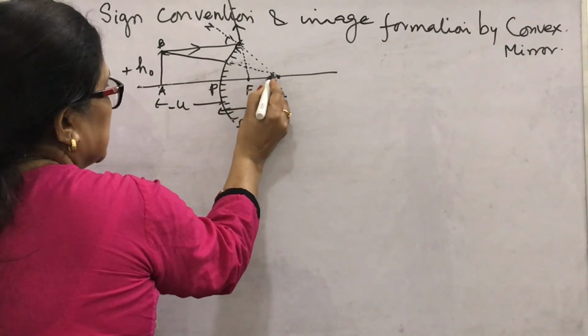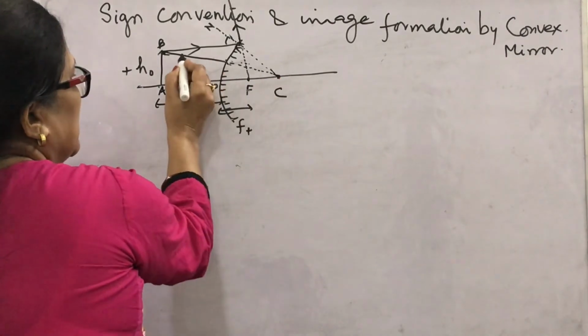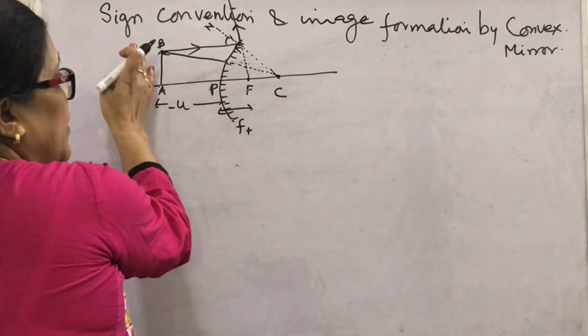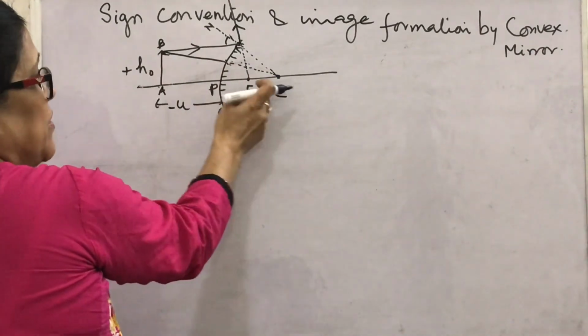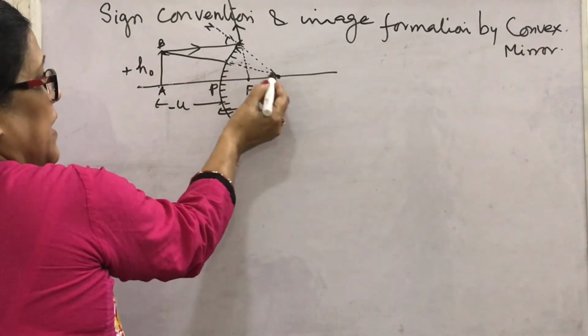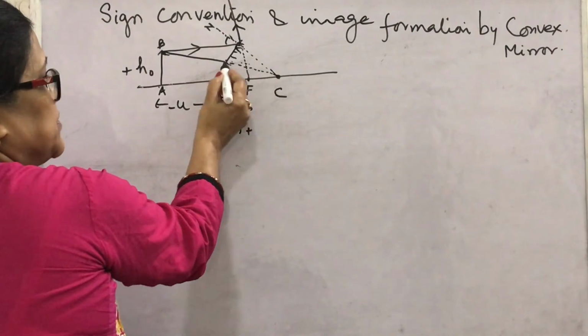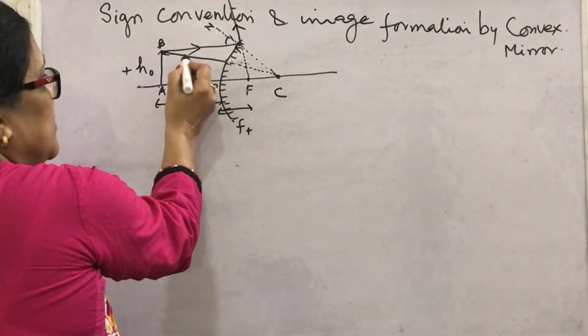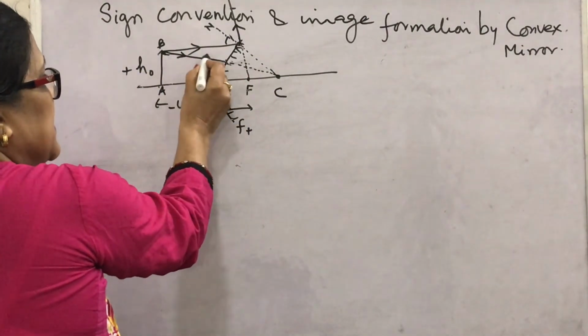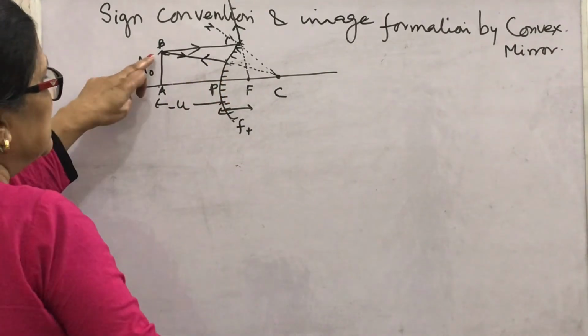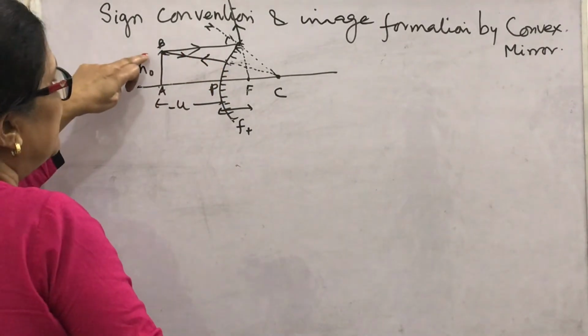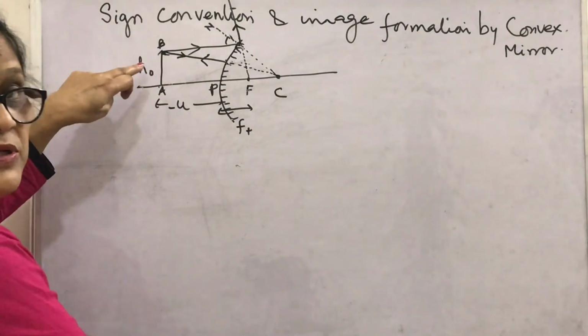This is coming from C, suppose. So this will be the normal ray. Why? Because C and this point, again it will be the radius of curvature, so it will be normal at this point. So a normal ray retraces its path. Why? Because the angle of incidence will be 0, and the angle of reflection will be 0.